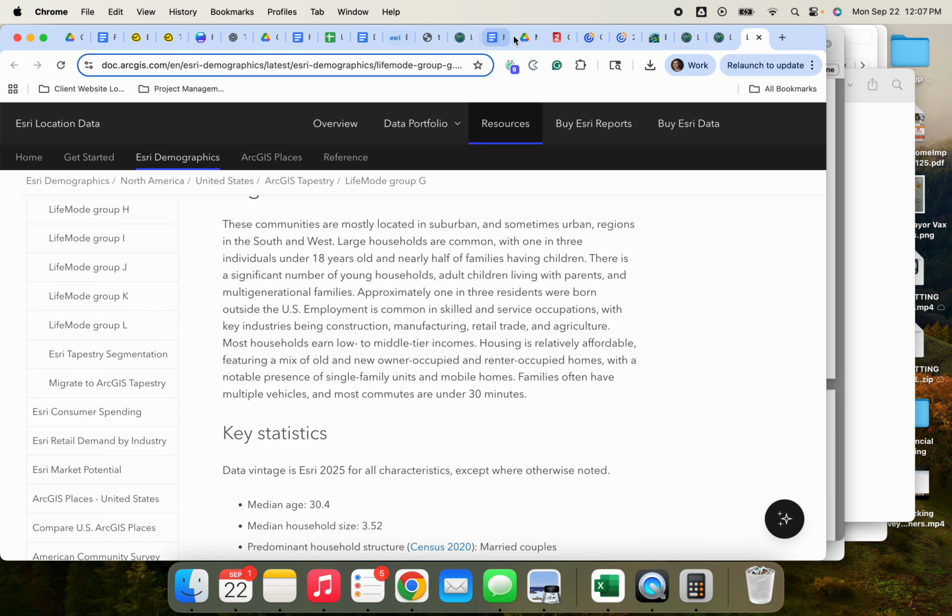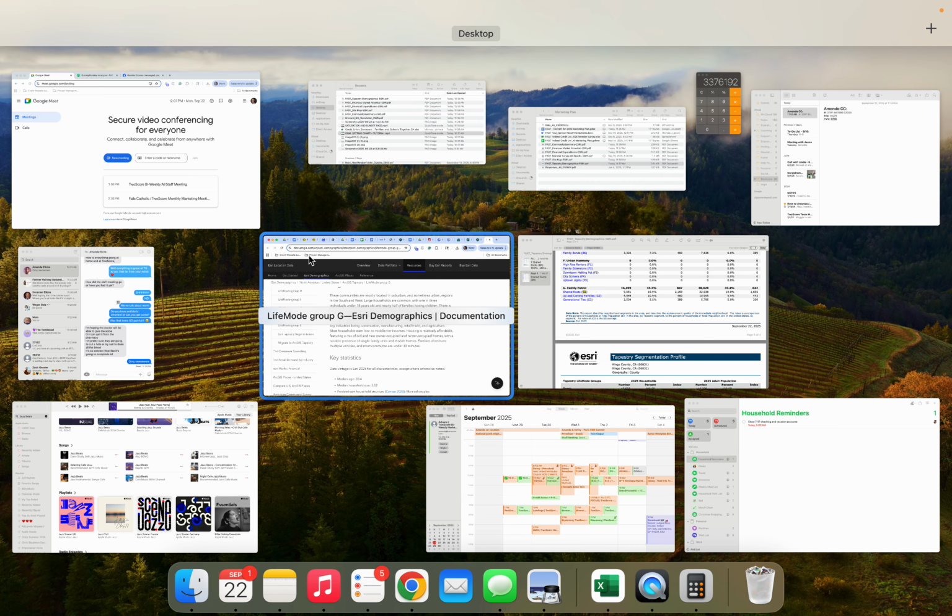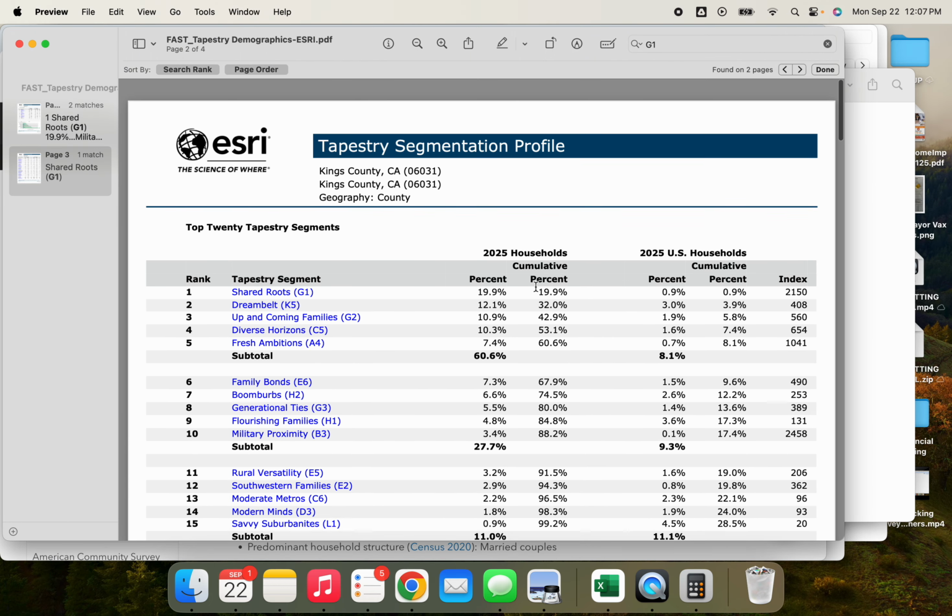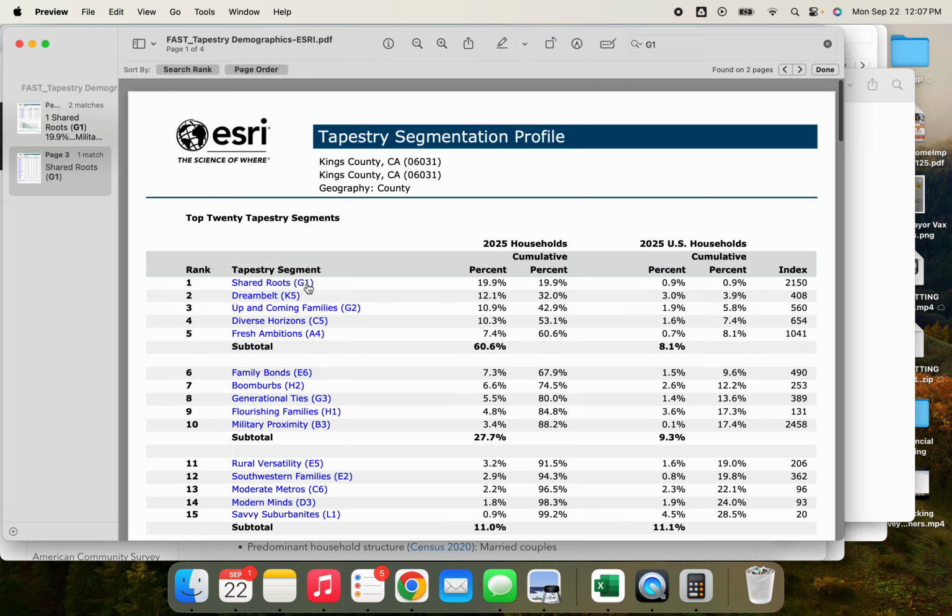Looking at this report that I had pulled up, we can see that their top tapestries are Shared Roots, which is G1, Dreambelt K5, and Up and Coming Families G2. So almost 42% of those in Kings County fall into these categories. We have a sense then of what most people are like in the area, and that can inform the messaging and things like that.